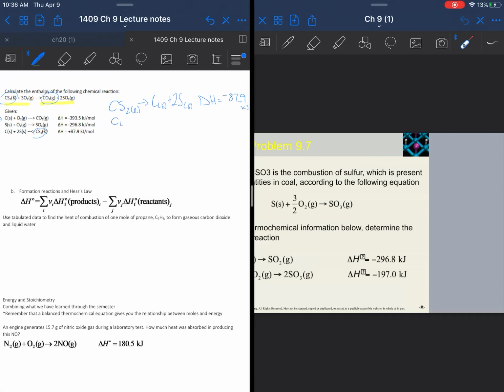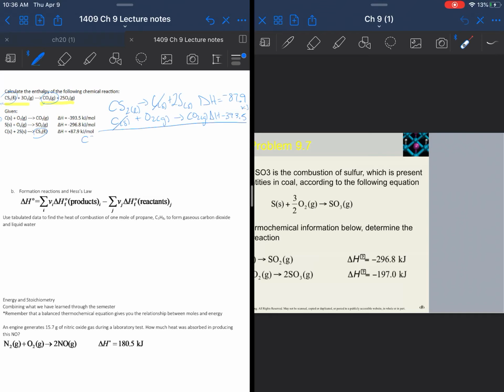So what I chose next, because I'm not going to use oxygen, it shows up too many places, I'm going to look at CO2. Now, in this second equation, CO2 is in the right spot. It is already 1 mole, so I just have to write down carbon plus O2, yielding CO2, and delta H, negative 393.5.